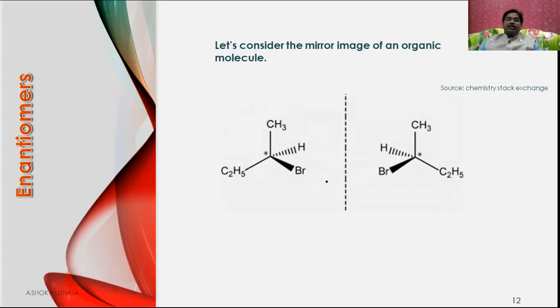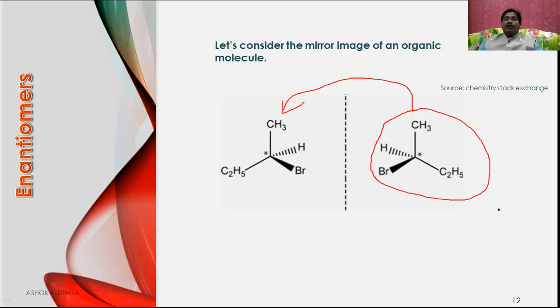You can observe the mirror image. Similar to that, when this molecule is placed over this molecule, see here the directions: the hydrogen is this side, here hydrogen is this side, bromine is this side, and bromine is this side. Therefore these two are non-superimposable mirror images. And this type of molecules which are non-superimposable mirror images are said to be enantiomers.